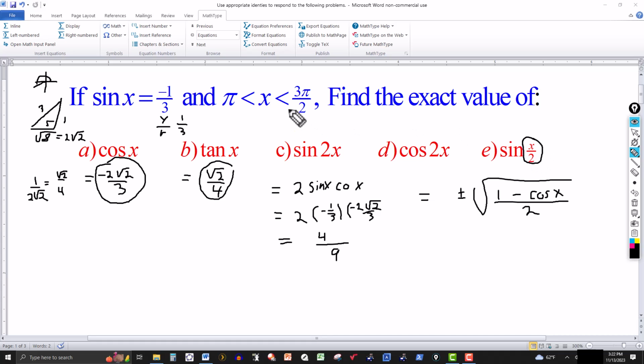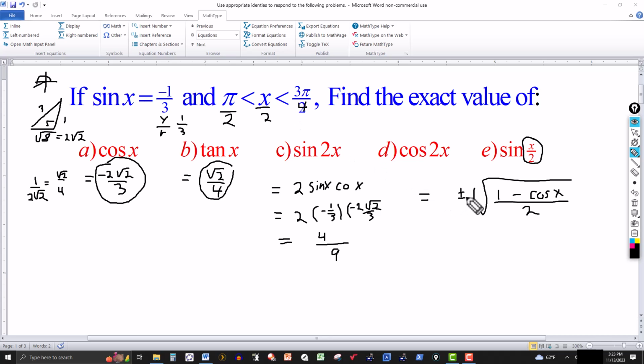I know what quadrant x is in, but where is x over 2? So let's just divide this by 2, and divide this by 2. We're taking 1/2 of that, and this then would be 1/4 here. So you can see that x over 2 is greater than pi over 2, but less than 3 pi over 4. That's going to put this angle in quadrant 2.